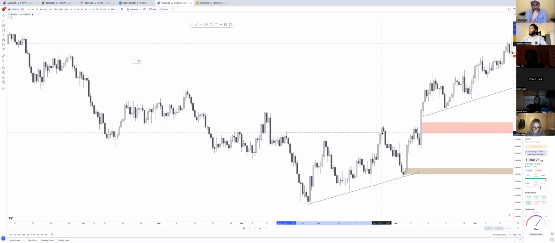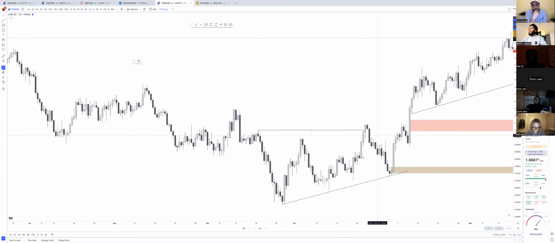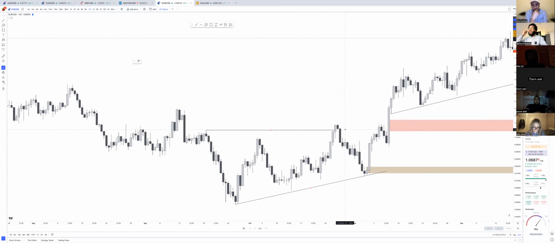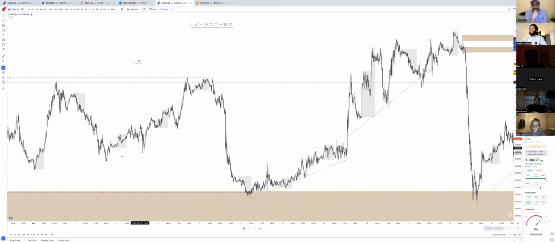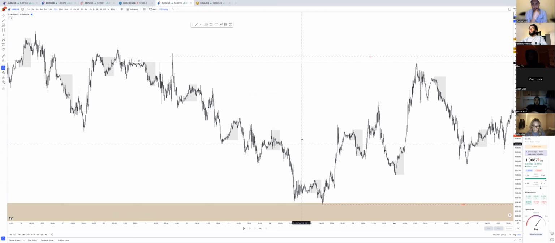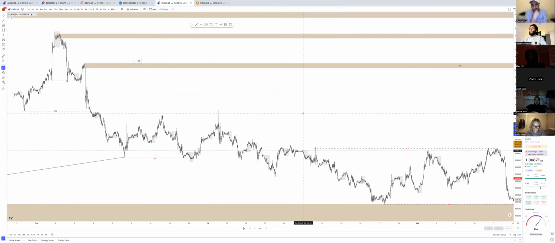So no matter what happens, I still understand that price wants to go up, but I can possibly find some sells within that area, if that makes sense. So you want to do it like that.